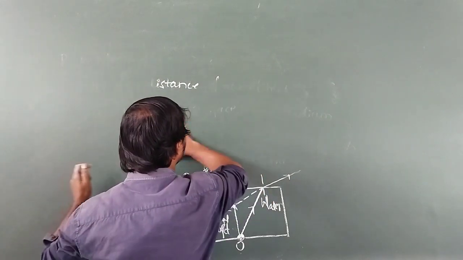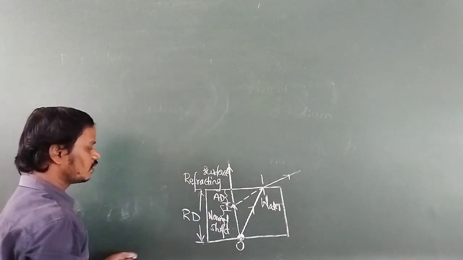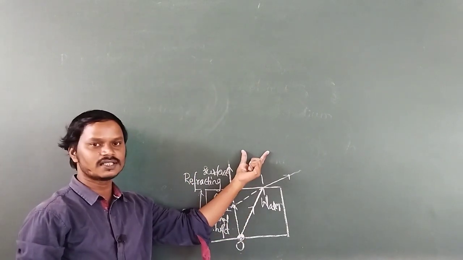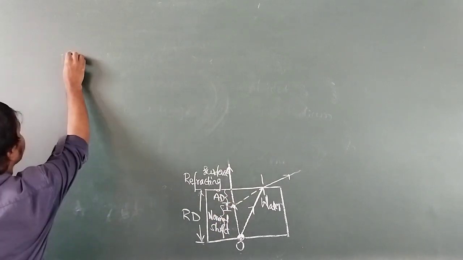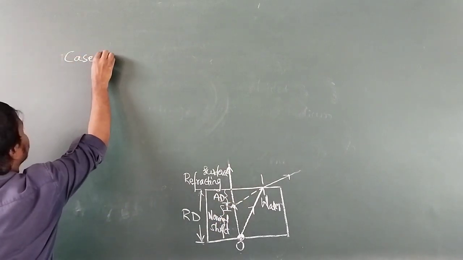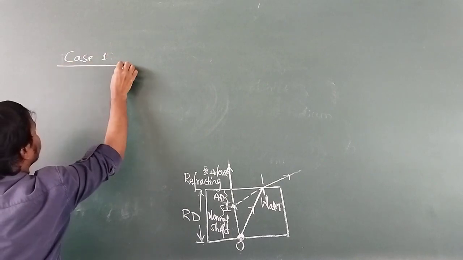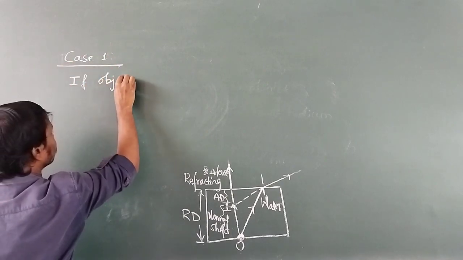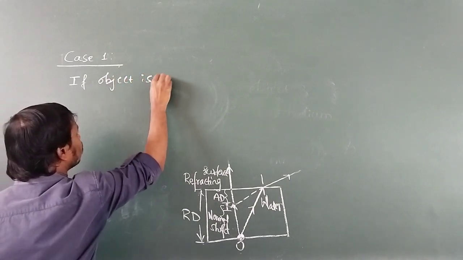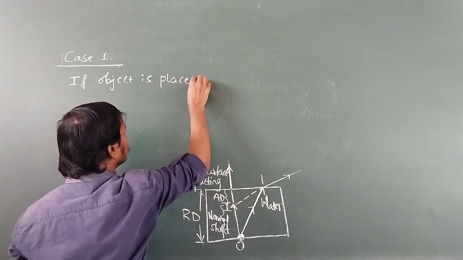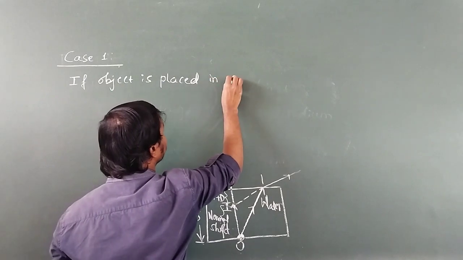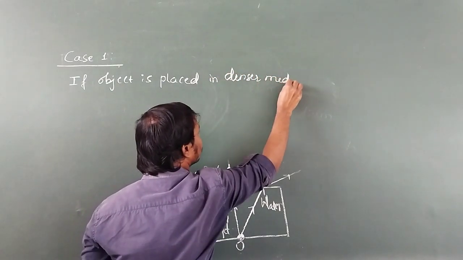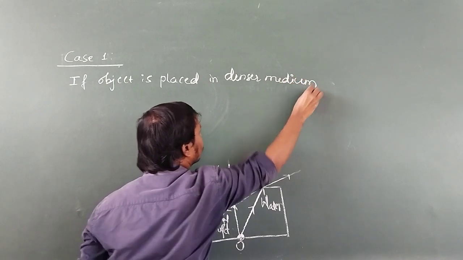So now we are going to consider two cases here. In the first case, the object is in the denser medium, observer is in the rarer medium. Case 1. If the object is placed in the denser medium, denser medium means in the given example water is the denser.